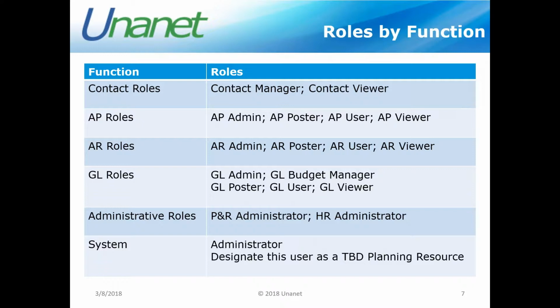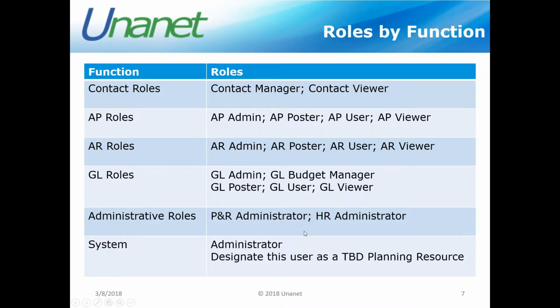And then we have AP roles and AR roles, and these have sort of their analogous AP and AR admin, AP and AR poster, AP and AR user, and our AP and AR viewers. Then we have general ledger roles. So obviously here in this section, we've gotten into those financial roles from a financial license. Our GL roles are our GL admin, our GL budget manager, our GL poster, our GL user, and our GL viewer.